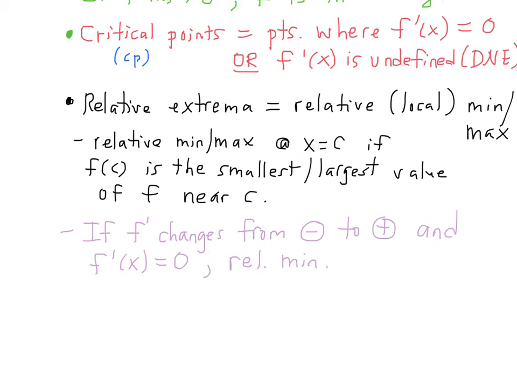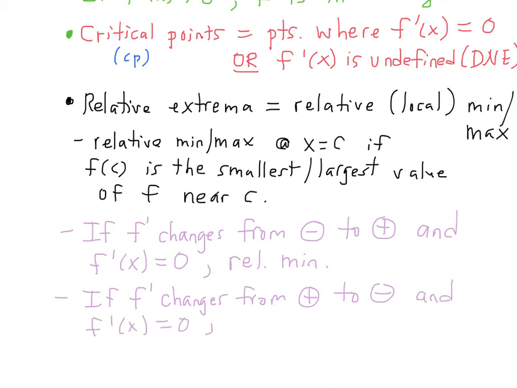So we're going from a function that is decreasing to increasing. That's going to give us a relative min. And likewise, if our derivative changes from positive to negative, and f prime of x is equal to 0, we have a relative max.